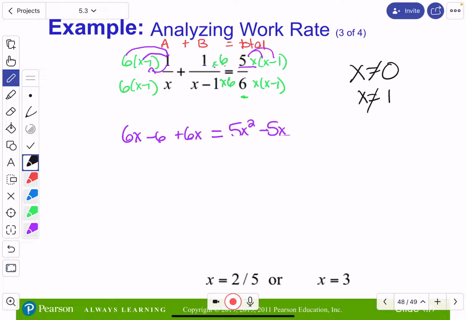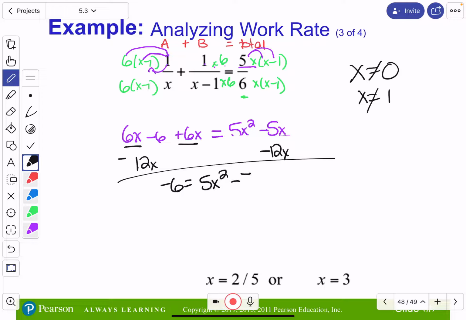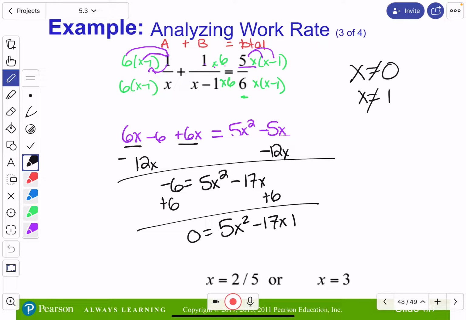So 6x plus 6x is 12x. If I subtract 12x from both sides, I have -6 equals 5x squared minus 17x. We want to add 6 to both sides. So 0 equals 5x squared minus 17x plus 6.